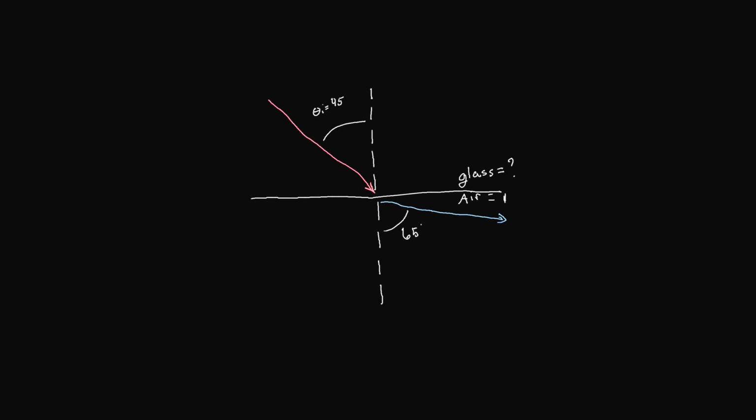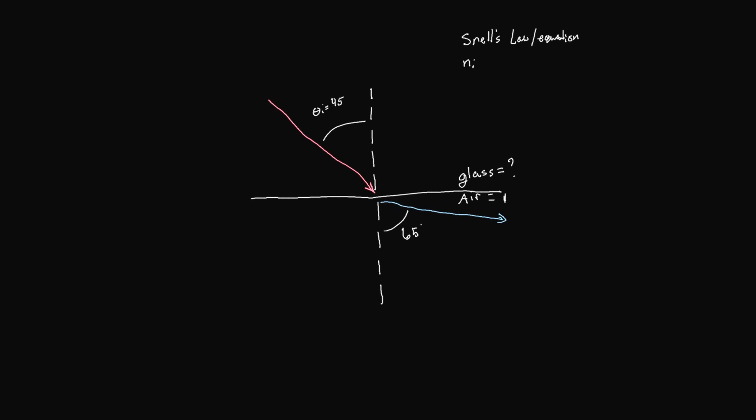So remember, Snell's equation is going to tell us that our Ni times our sine theta I, excuse me, I'm getting ahead of myself here. I'm sorry about that.